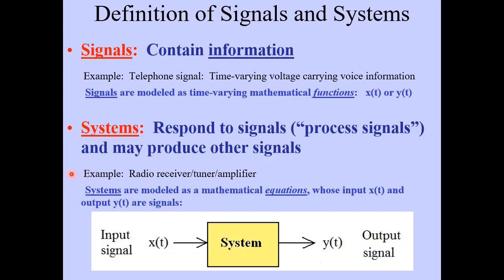So for example, the radio receiver tuner amplifier we talked about on the other page took a signal coming in, basically electromagnetic waves coming from the transmitter, and it did some processing to those signals and basically produced a sound wave coming out, which is voice or music, something like that. So a system is modeled as a mathematical equation, and the input and output of this equation are the signals.